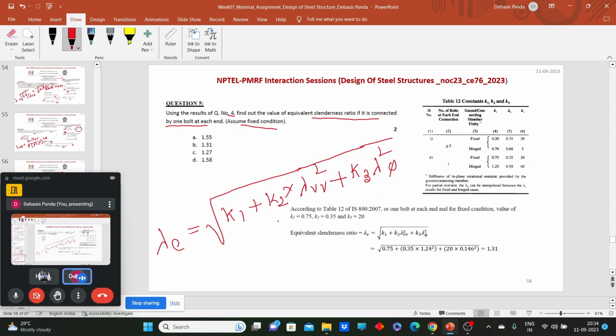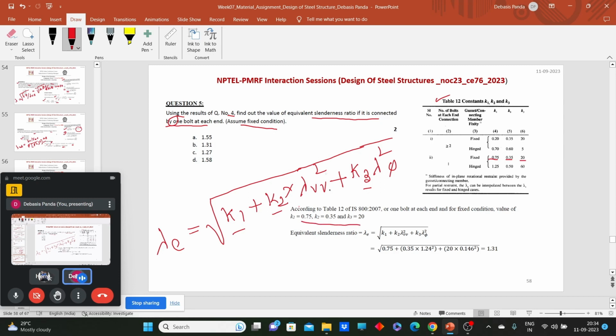So we just need to find the values of k1, k2 and k3 based on the 1 bolt and fixed condition. Table number 12 will give us all this information. Here we have 1 bolt and fixed condition, so k1 will be 0.75, k2 will be 0.35 and k3 will be 20. Here I have written these values.